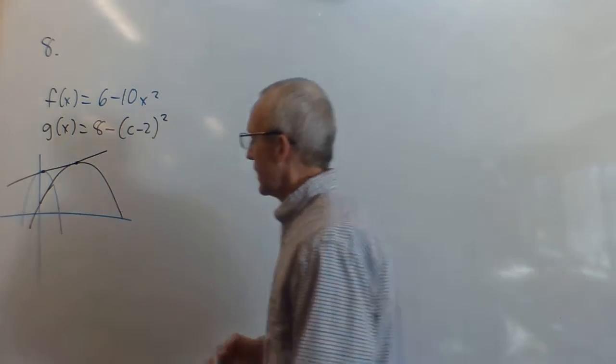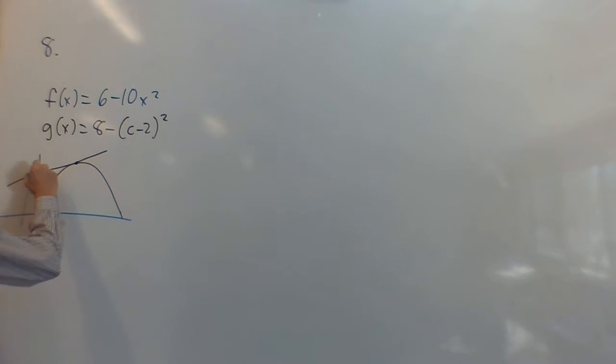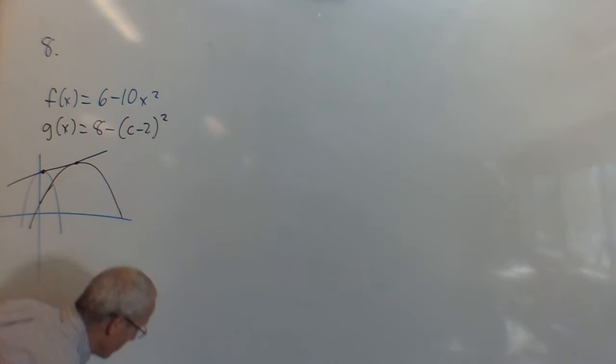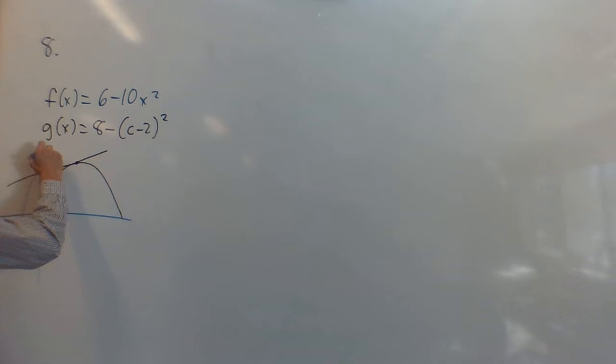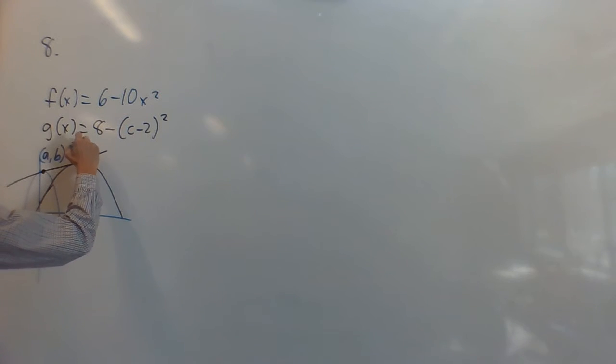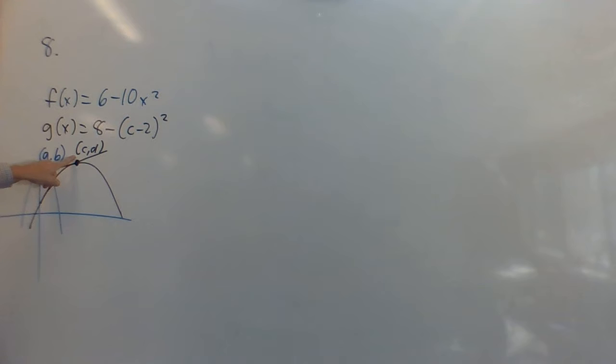Okay, so what I'm going to do is call this one here, my blue one, and I'm going to use a blue marker. We'll call that point where it's tangent A comma B, and then we'll just go C comma D for the black one here. The blue curve is the f of x one, and the black one is this one.